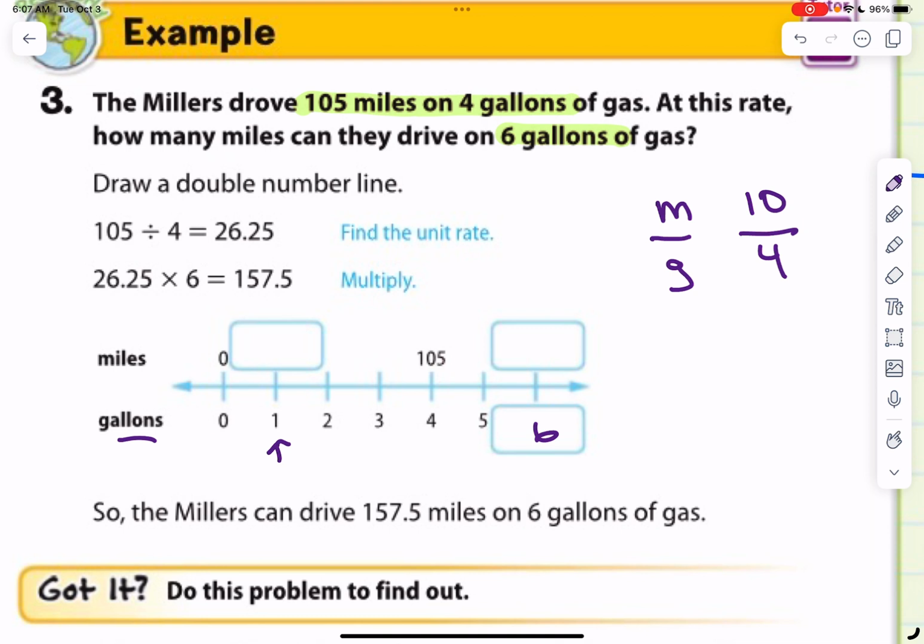Well, they did the math up here for us. 105 divided by 4 is 26.25. Yes, my dearies, sometimes we're going to have a decimal.